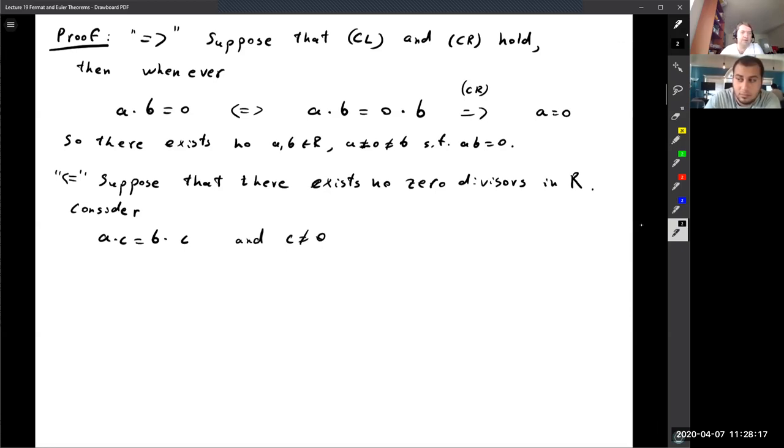Okay, so equivalently, we can subtract BC from the left-hand side and right-hand side.